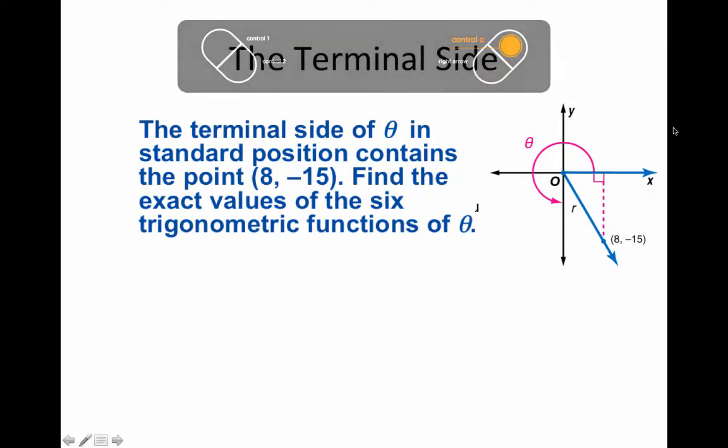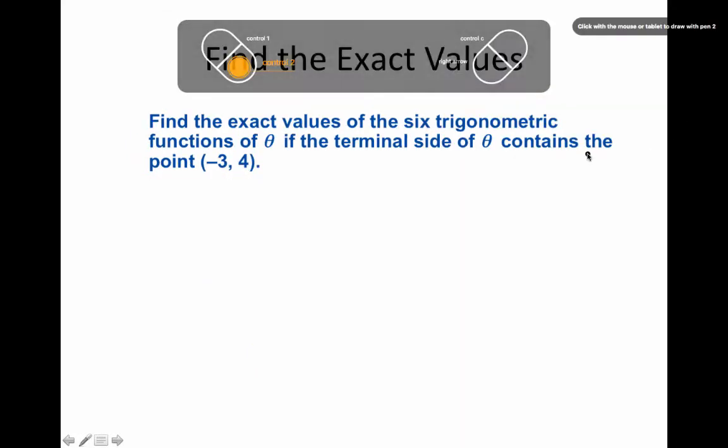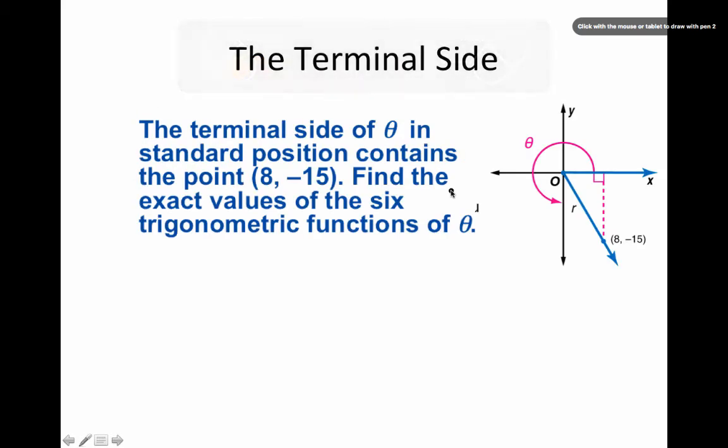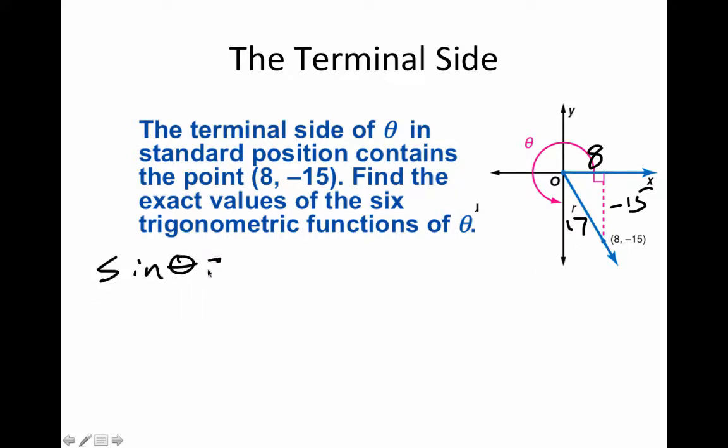So if I know that I have an 8, negative 15, 17, I can go sine of the angle. Again, we're always going to go off of this angle right here. This is the angle coming around, but we're using this triangle. That's going to be our reference triangle.